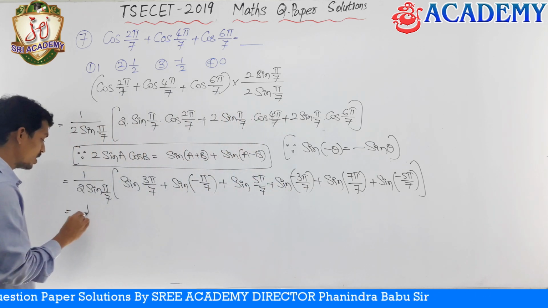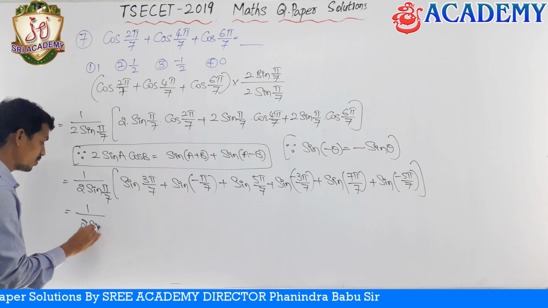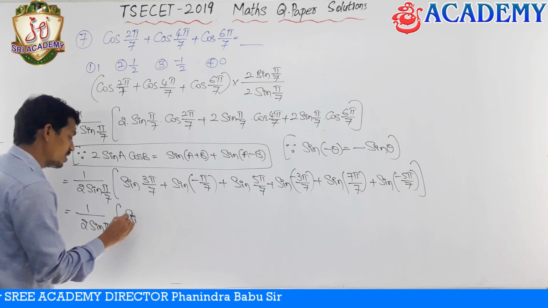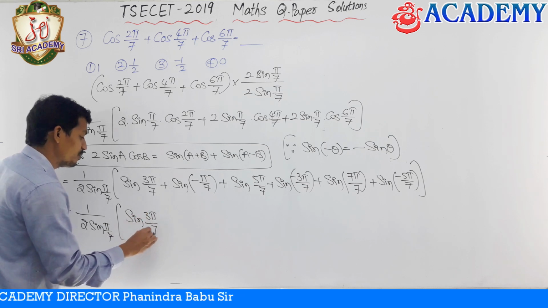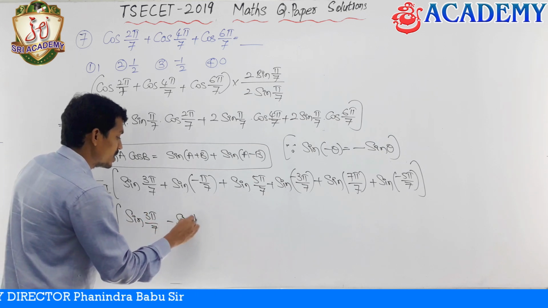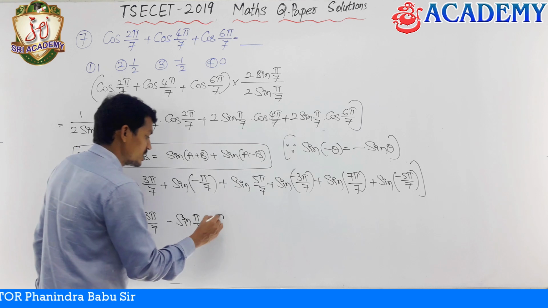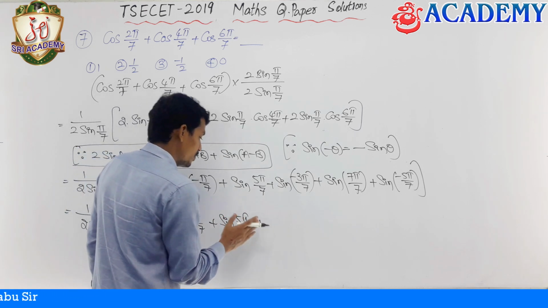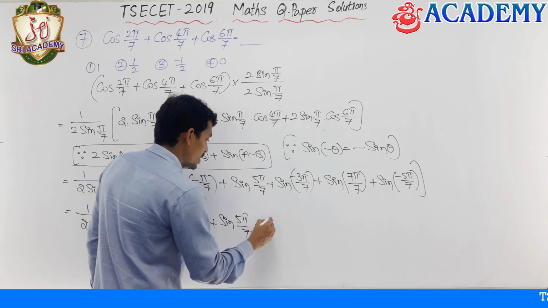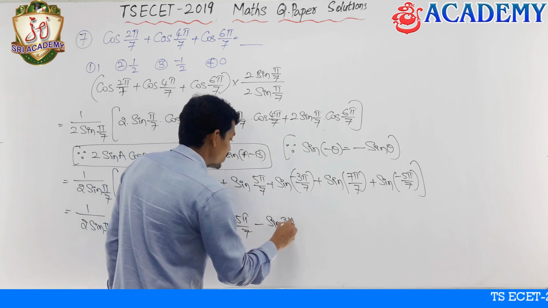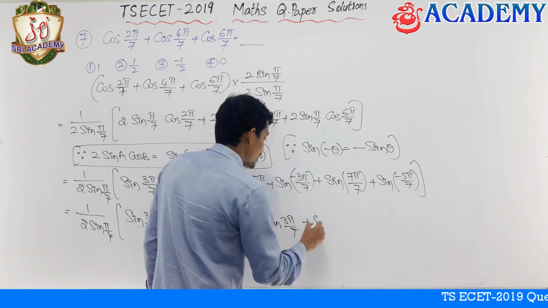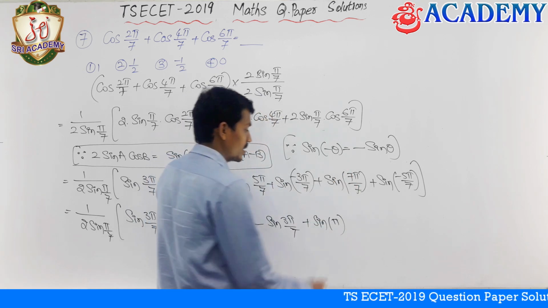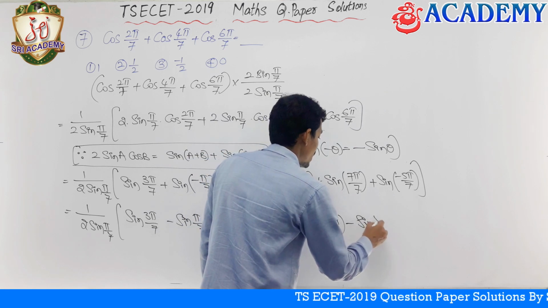That is 1 by 2 sin pi by 7 into sin 3 pi by 7 minus sin pi by 7 plus sin 5 pi by 7, minus sin 3 pi by 7 plus sin pi, 7 gets cancelled, minus sin 5 pi by 7.